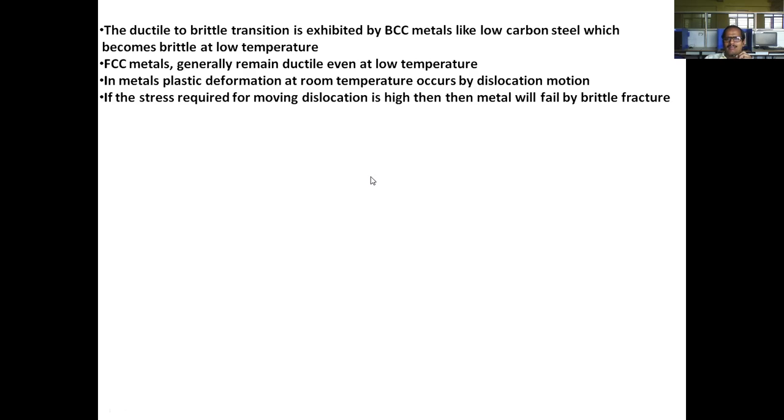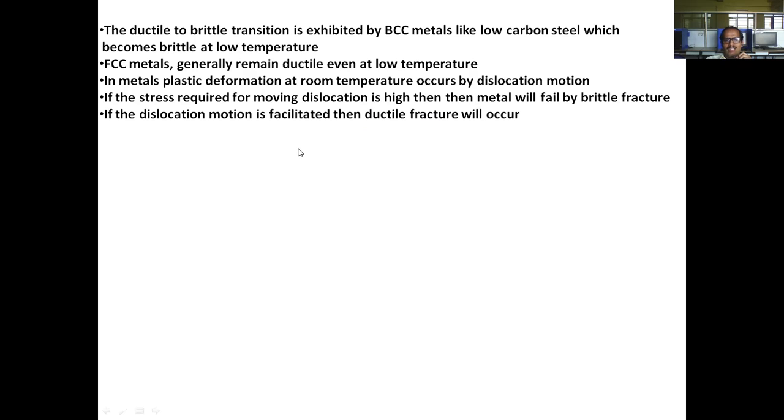So basically, if the stress required for movement of dislocation, which is responsible for plasticity or ductility, is high, then the metal will fail without plastic deformation. So no ductility, and it will fail in a brittle way. And if dislocation motion is facilitated, then there is ductile fracture.